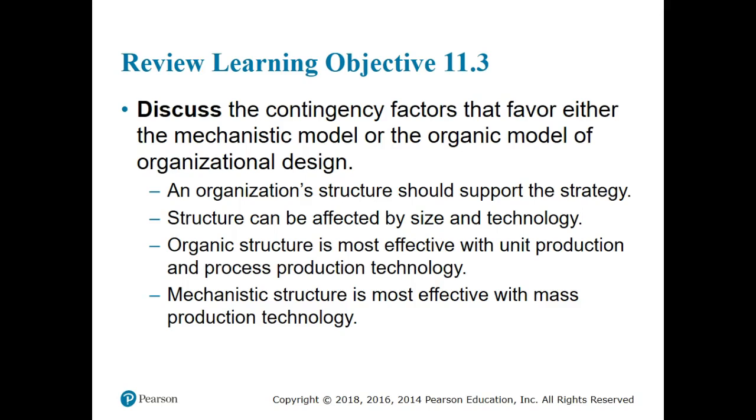So I'm going to say that again. An organic structure is most effective with unit production and process production technology, and a mechanistic structure is most effective with mass production technology. Now, the more uncertain an organization's environment, the more it needs the flexibility of an organic design.